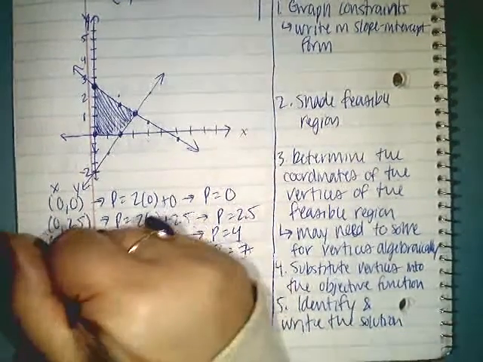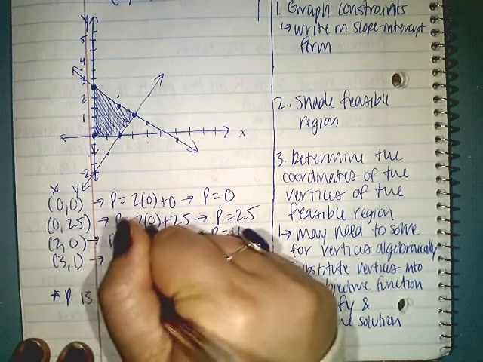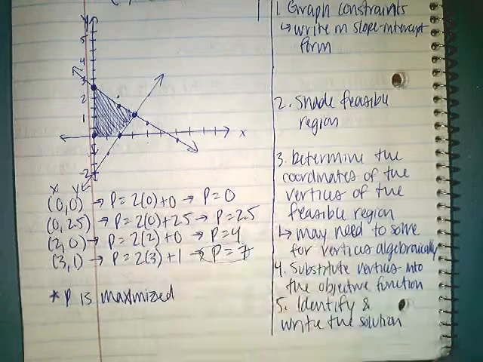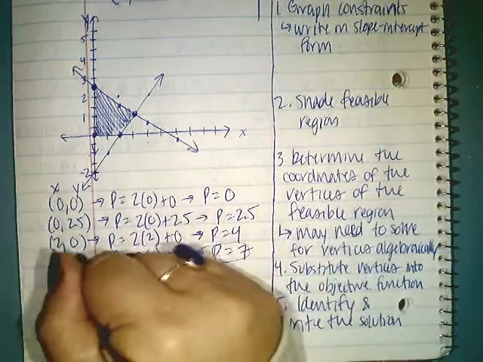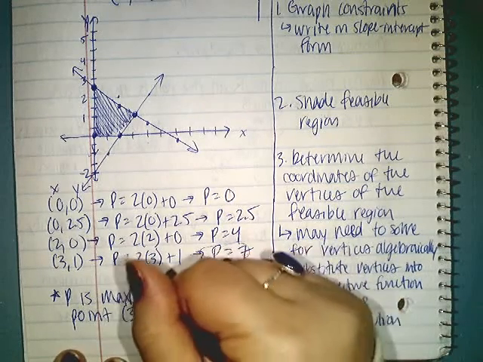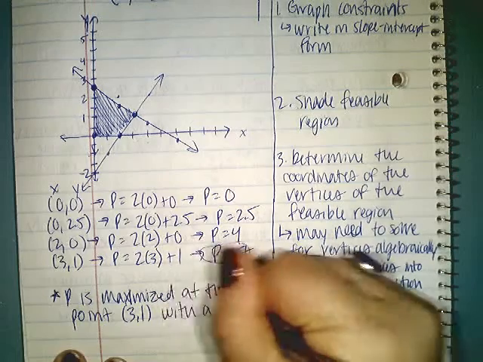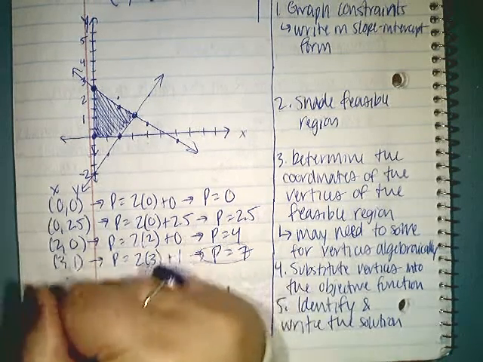So my solution would be P is maximized at the point 3, 1, with a value of 7. So that is my answer.